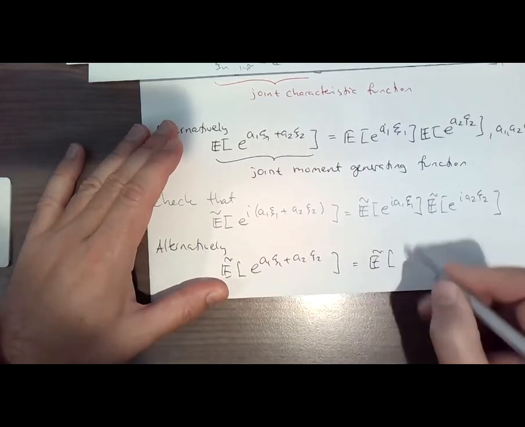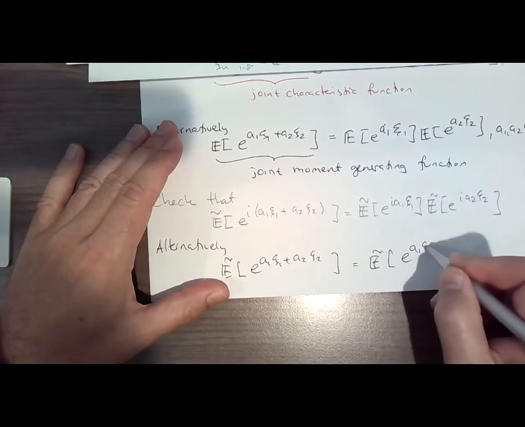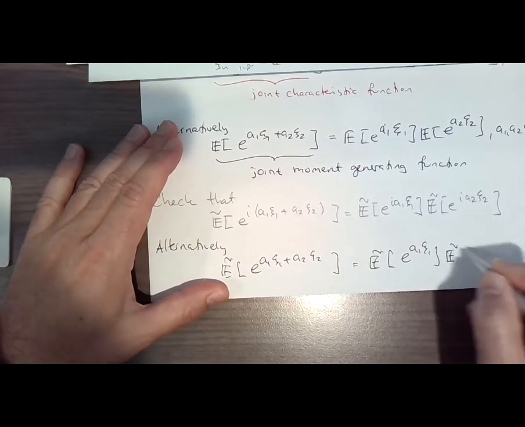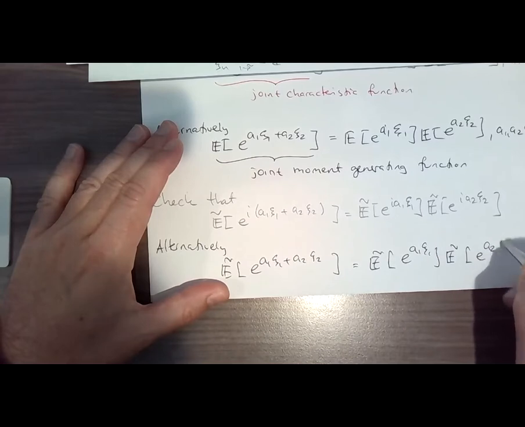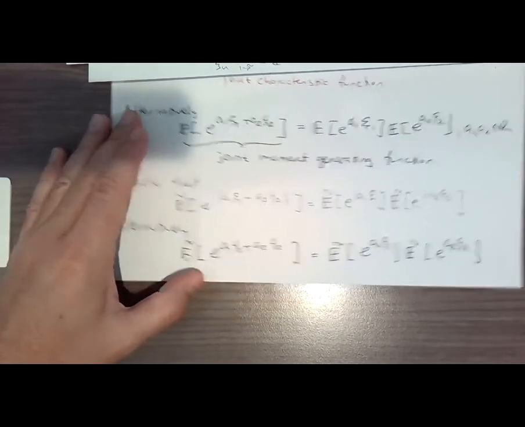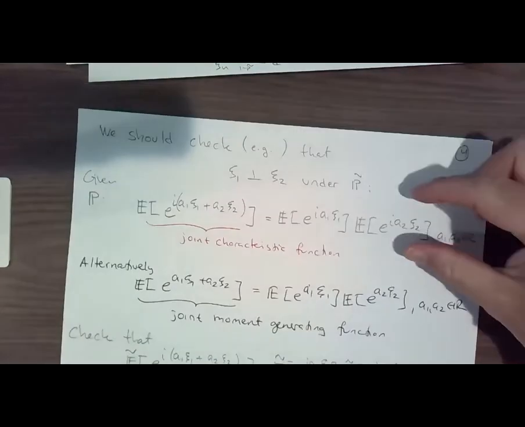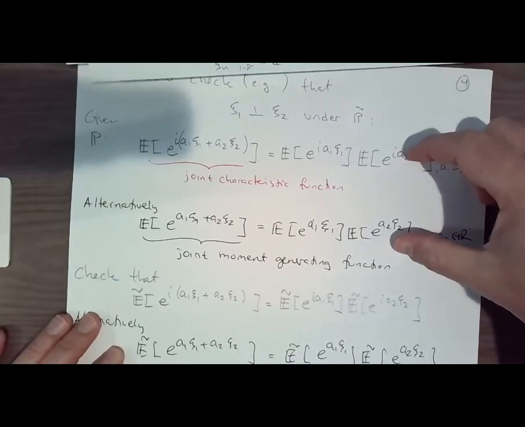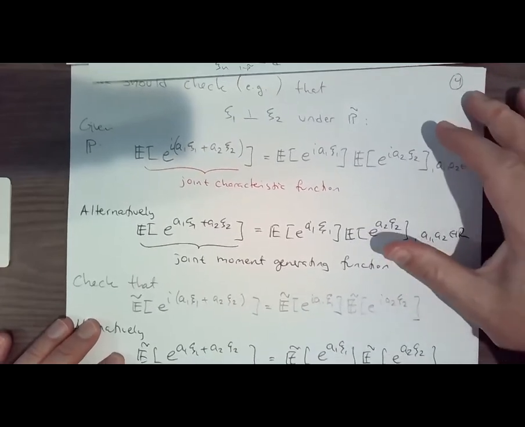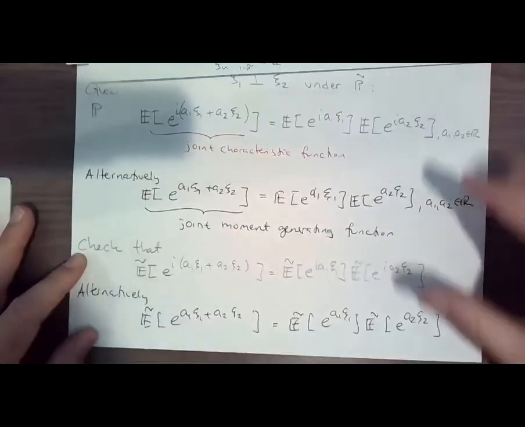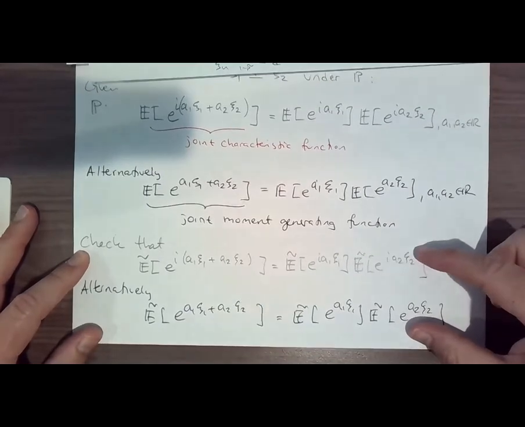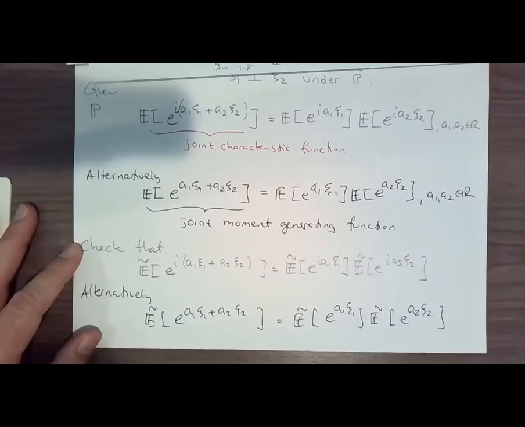You have this property not under P, but under P tilde. We're given these two properties, and either one, they are equivalent in the case that we'll be looking at here with coin flips. And now how does one check that you have the same property but under the P tilde measure?